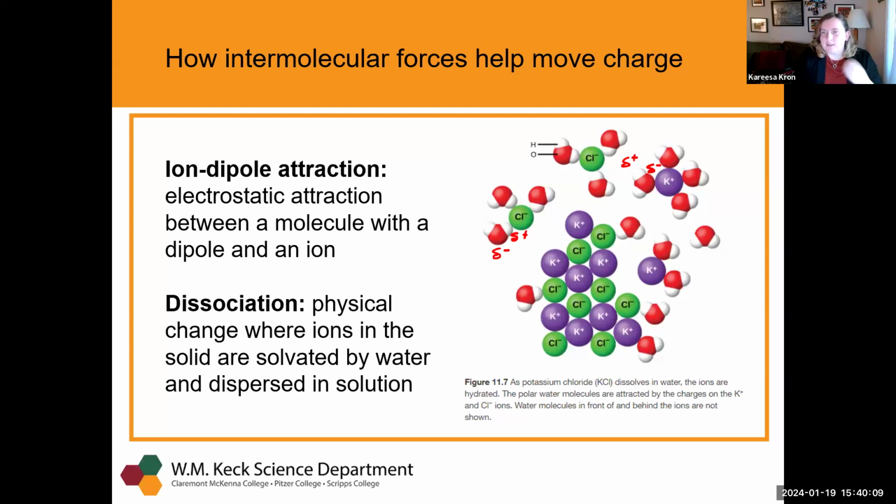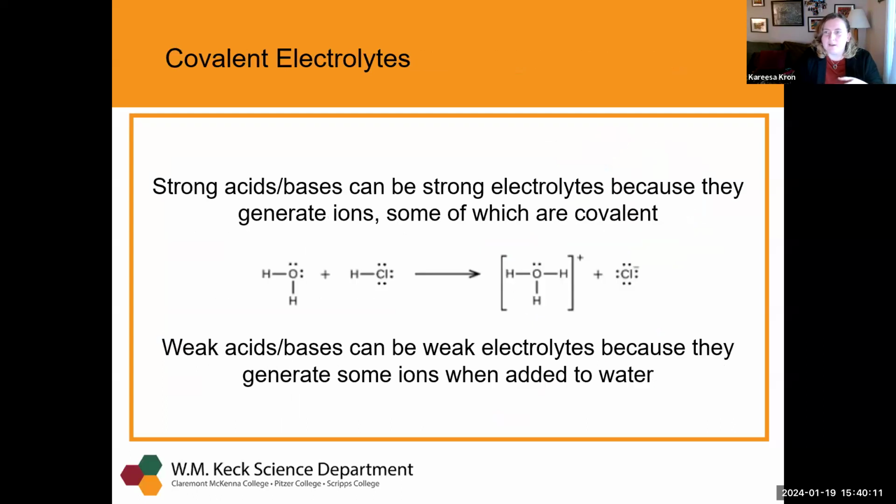And I mentioned in the previous slide that some acids and bases are also helping us do electrolyte chemistry, because if you have a strong acid, when you add that acid to water, it completely dissolves, it completely ionizes, and it forms H3O+ and chloride. And that's a lot of ions that can then go on to interact with water in a similar way.